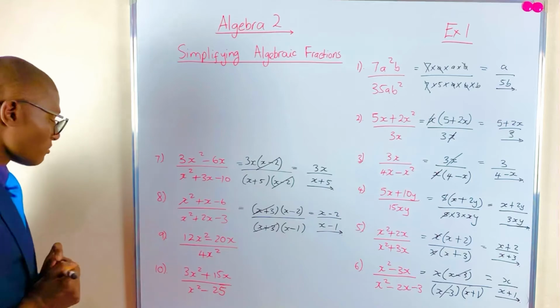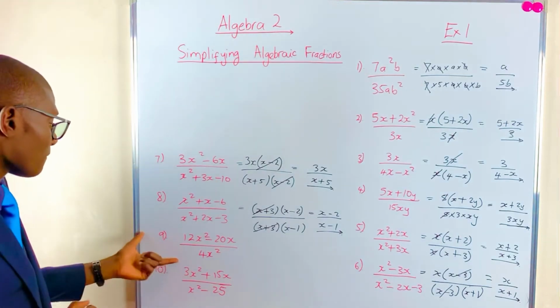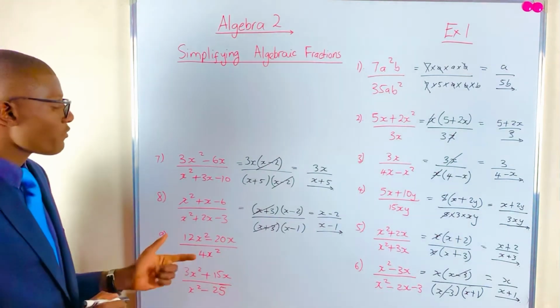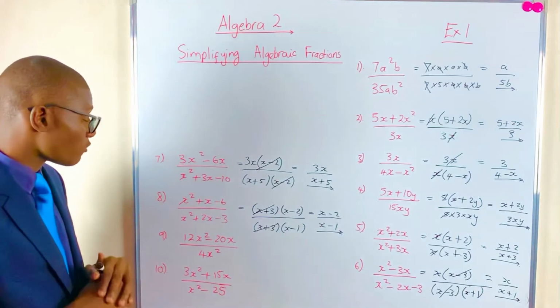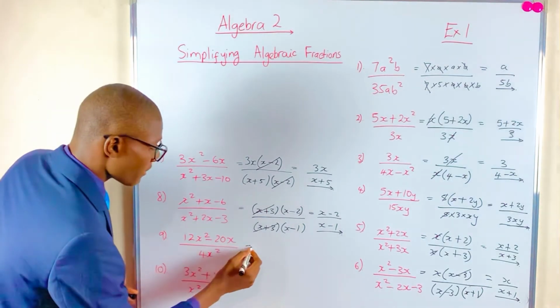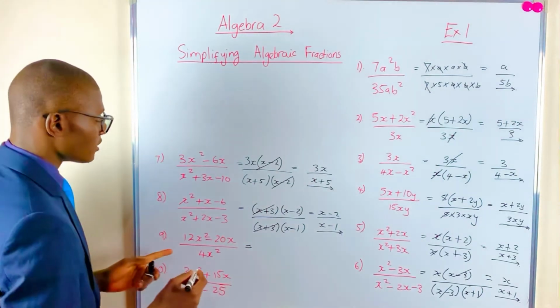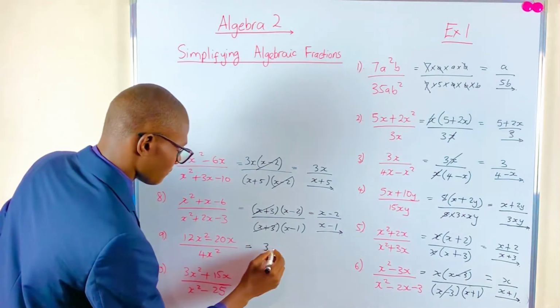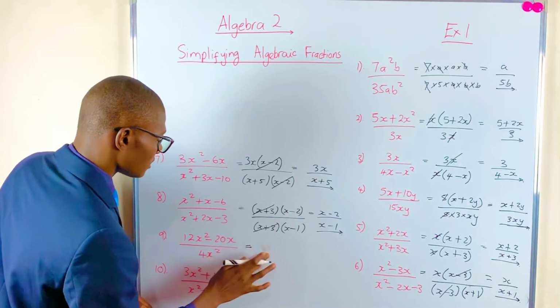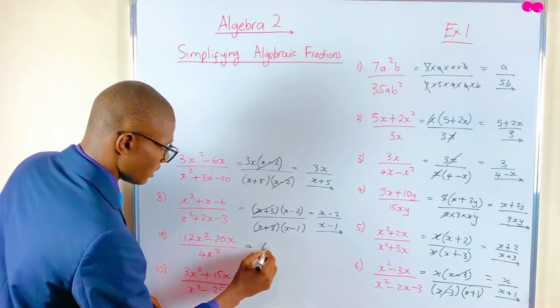Then moving on to number 9. Number 9, we've got 12x squared minus 20x over 4x squared. So in the numerator, we know we can factor out 3x. Oh, sorry, we can factor out 4x actually.